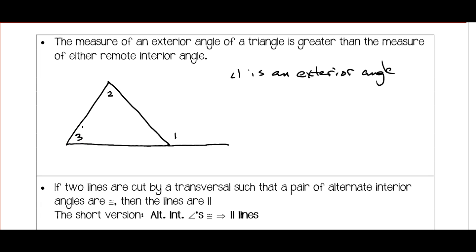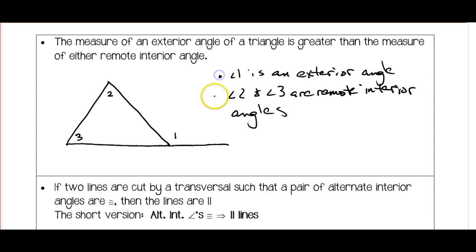With respect to angle 1, angle 2, and angle 3 are remote interior angles. Okay, so a little bit of vocabulary here that you need to know what they are. So we've got the exterior angle over here, angle 1, and the remote interior angles.